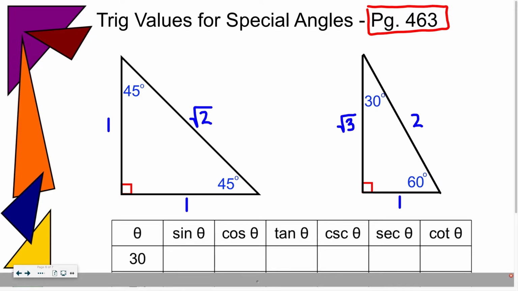It will always be the same value for 30, 60, and 45 degrees, no matter what size triangle it is, if it's a special right triangle. So I put up here, when you're doing trig ratios, notice I didn't put the x's, because it doesn't matter what the smallest sides start out as. If I reduce them, they're going to come out to this ratio, 1, 1, square root 2, and 1, square root 3, 2.